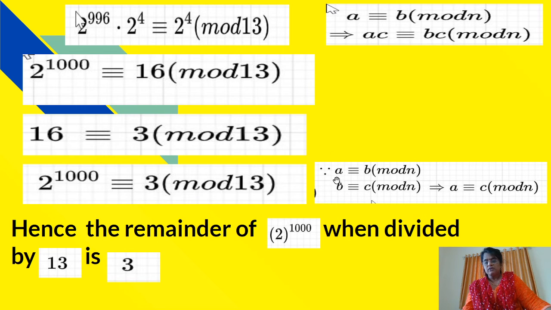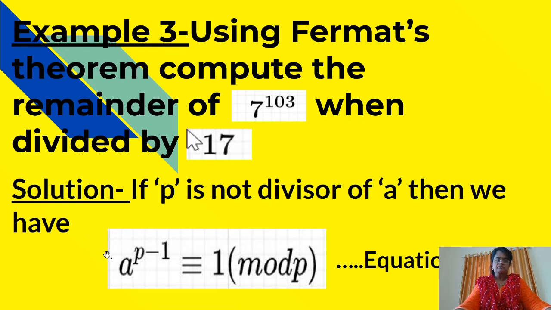Because if A is congruent to B mod n and B is congruent to C mod n, it always implies that A is congruent to C mod n. Hence, from this last equation, we can say that the remainder of 2^1000 when divided by 13 is 3. Now see the next example.